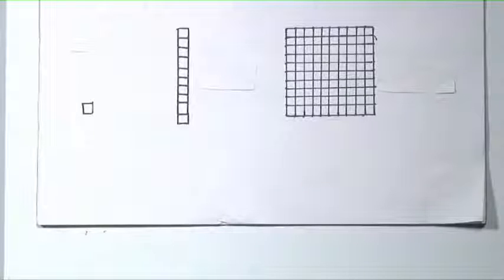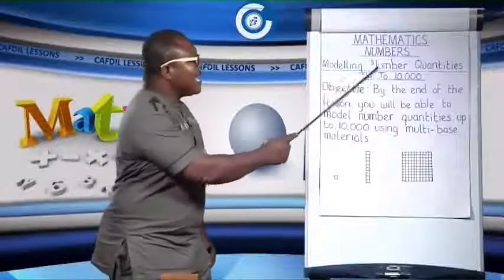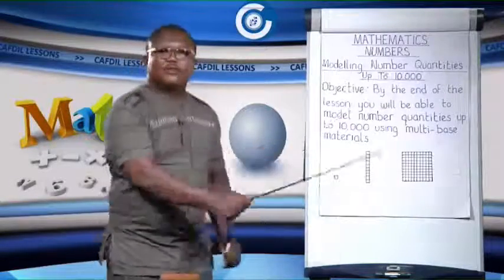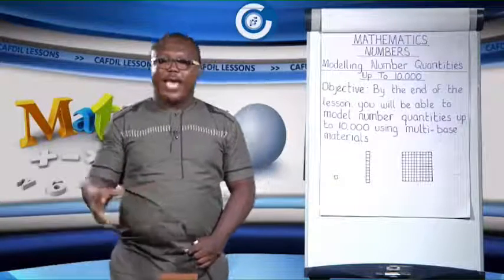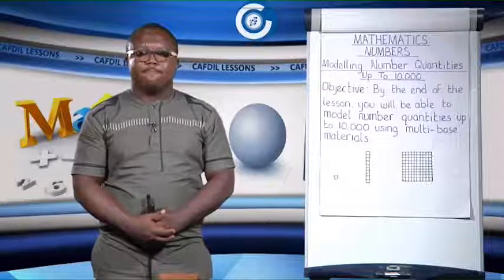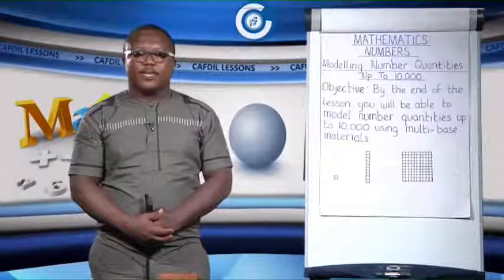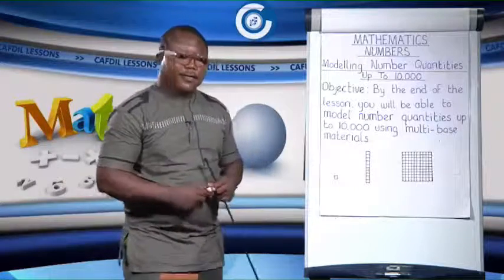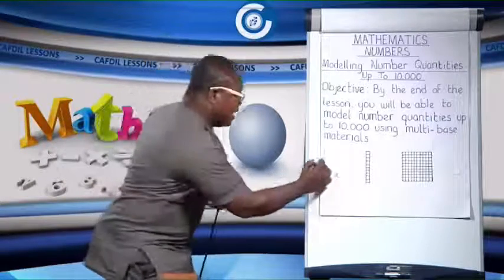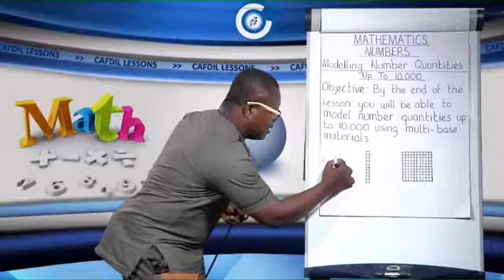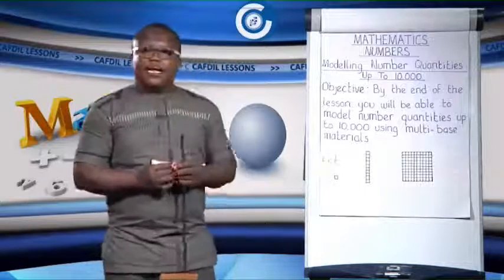And remember, we said we are modeling number quantities up to 10,000. So here we are modeling numbers here.